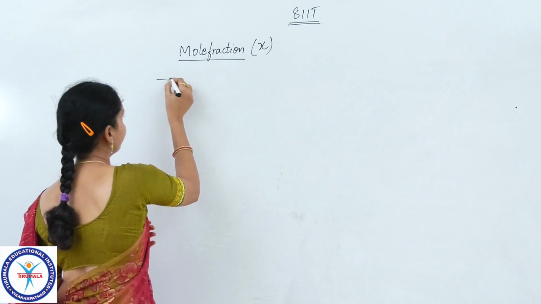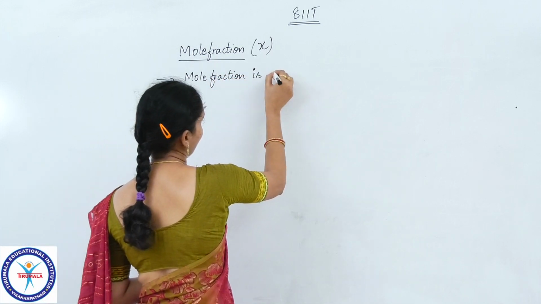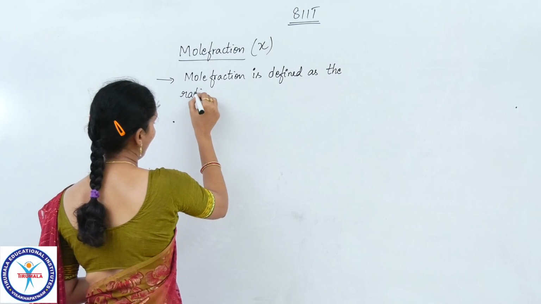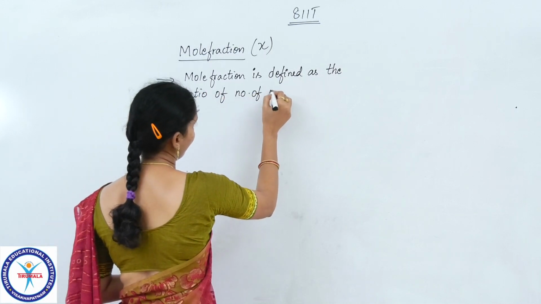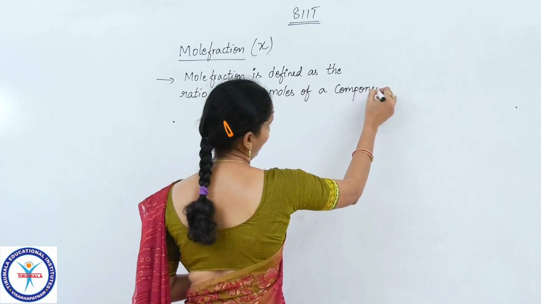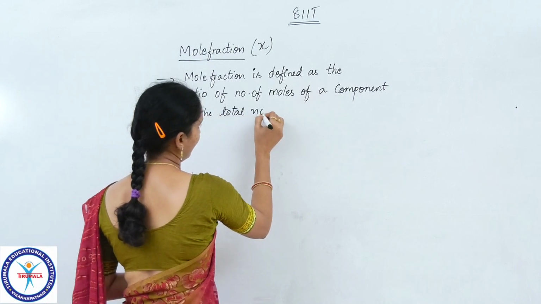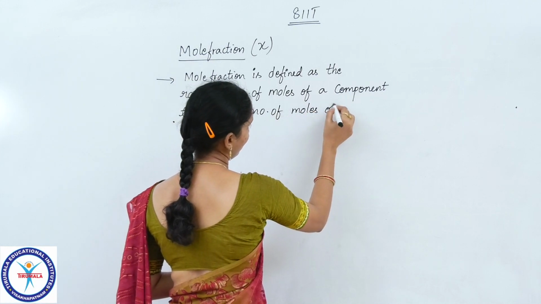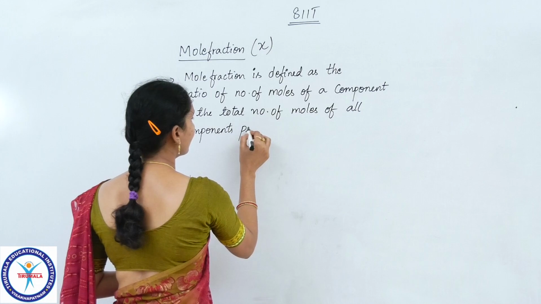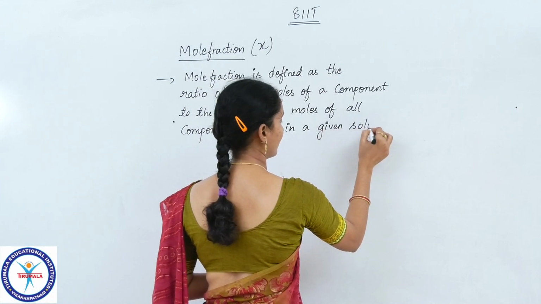So how do you define mole fraction? Mole fraction is defined as the ratio of number of moles of a component to the total number of moles of all components present in a given solution.